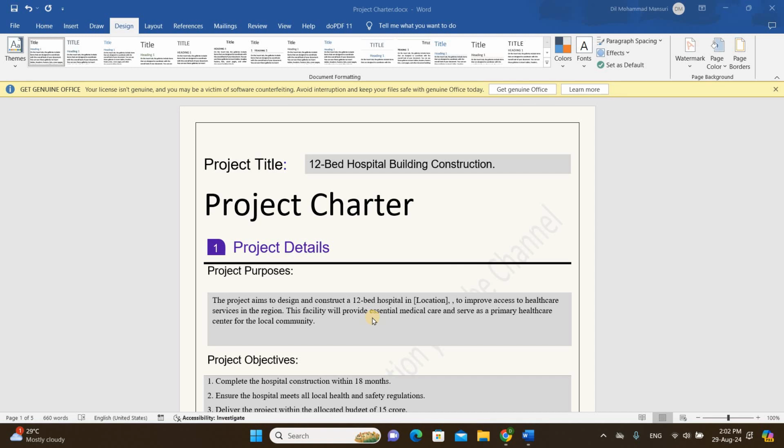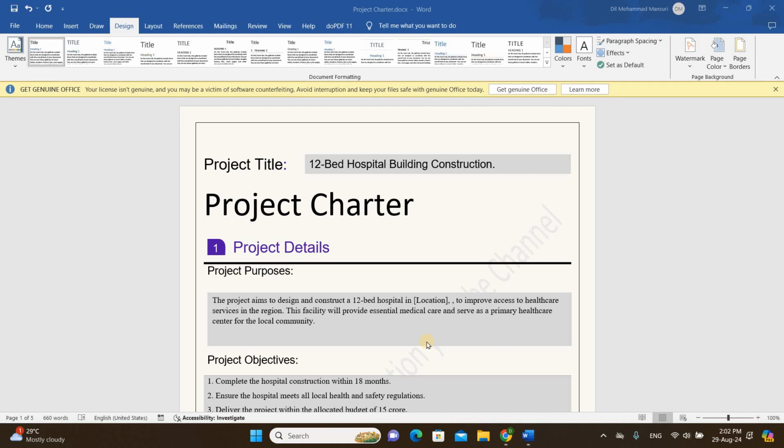Every project has a purpose, because once the hospital building is completed, there is a beneficiary, the local community, who is going to benefit from this project. So the project has a definite purpose to be built, and I have to write it in brief as the project purpose.